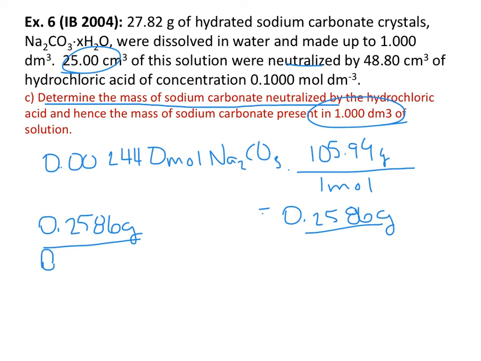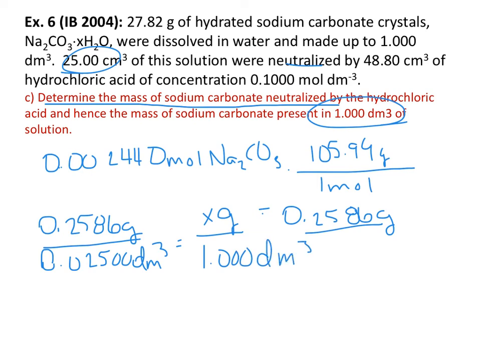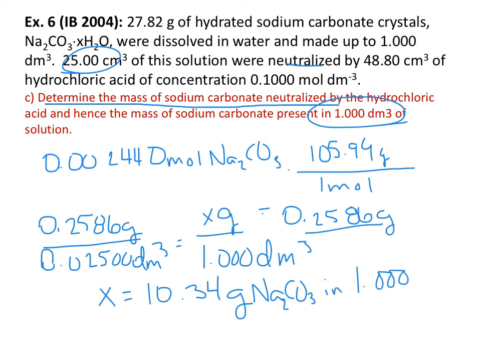So in decimeters cubed, that would be 0.02500 decimeters cubed. So I'm trying to figure out how many grams if I just have exactly 1 decimeter cubed. So we're going to cross multiply here to solve for the grams, and we get 10.34 grams of Na2CO3 in 1 decimeter cubed solution.